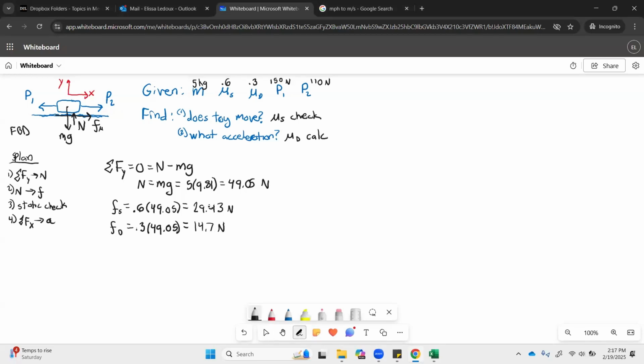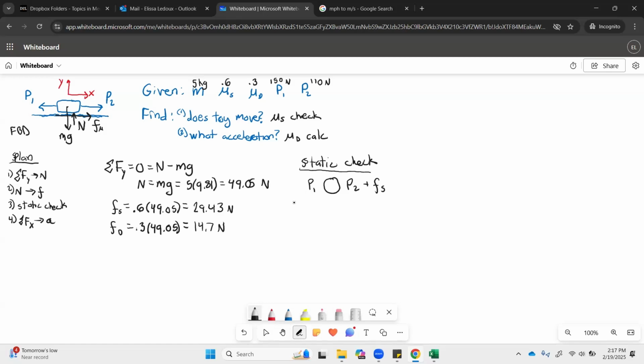Okay, so now we're going to do the static check, which basically needs to see, is P1 over here going to pull hard enough that it overcomes P2 plus friction? So our static check: we have P1 going to the left, and we're going to compare that to the forces going to the right, which are P2 plus static friction.